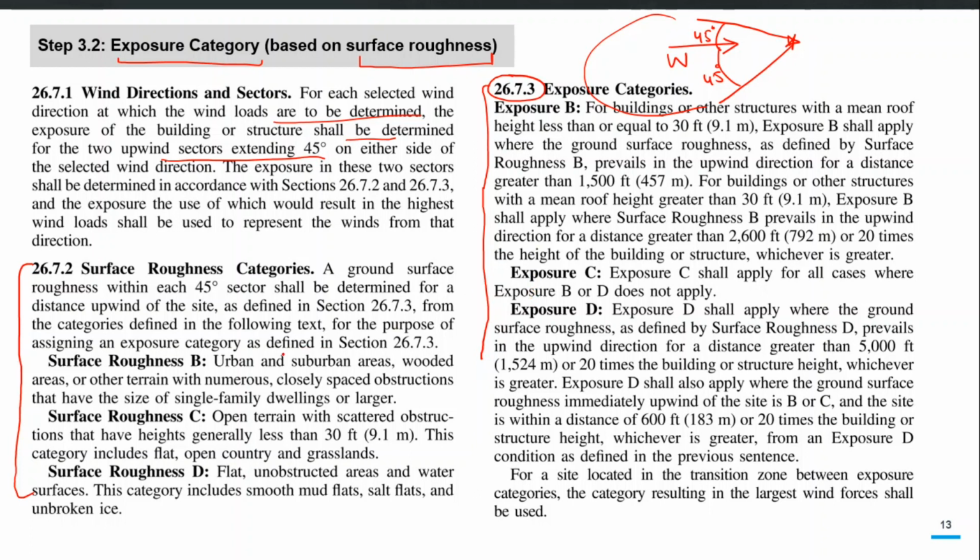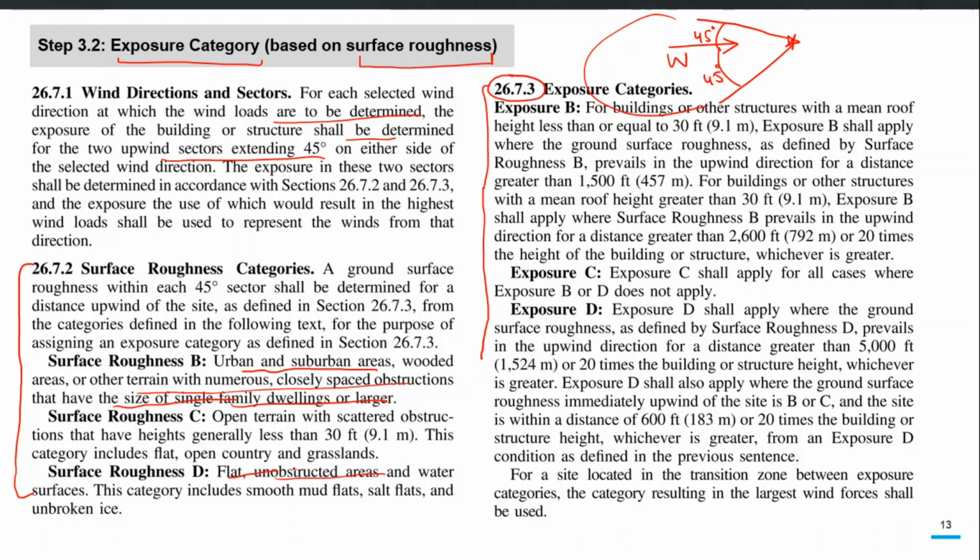Surface roughness B means that you have urban or suburban areas, and then wooded areas or other terrain with numerous closely spaced obstructions that have the size of single family dwellings or larger. Then surface roughness C means open terrain, and D means flat unobstructed areas.